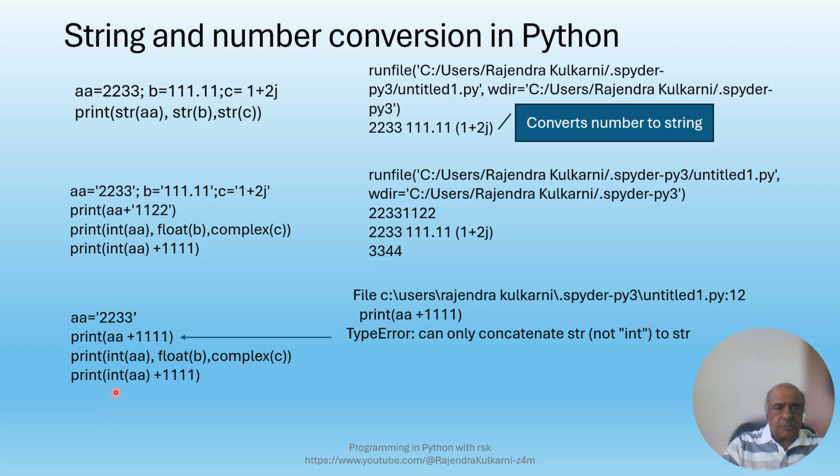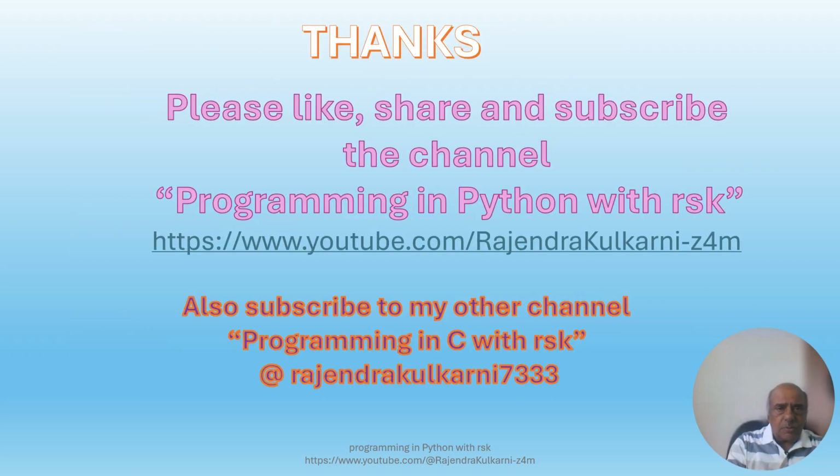So effectively it says we cannot concatenate a string with any other data type. It has to be string plus string only. So this is all about the methods in string.